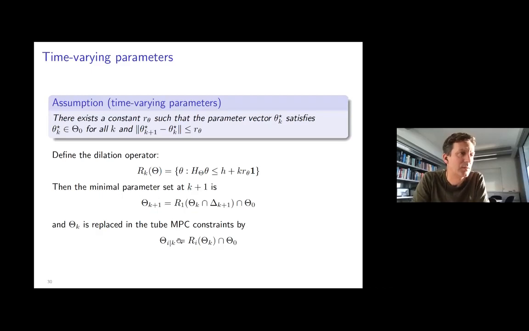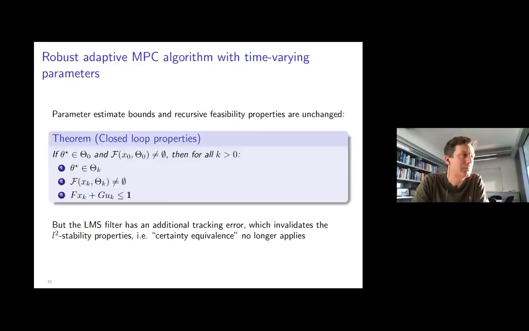And here we've also used the dilation operator to bound the evolution of the parameter set estimate over the prediction horizon, and this allows us to define robust constraints for the system in the MPC optimization problem. So again, this strategy has a guarantee of recursive feasibility and constraint satisfaction, but in this case we can't guarantee the L2 stability property because of the extra time varying tracking error that we get from the parameter variation.